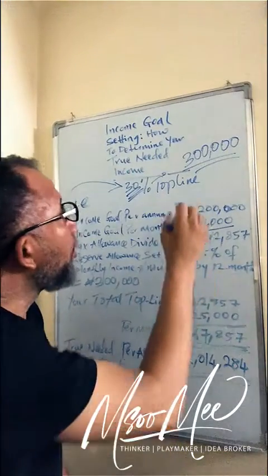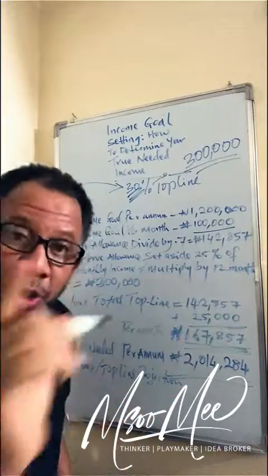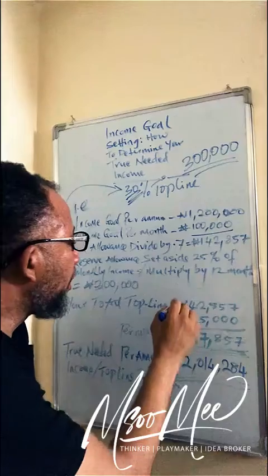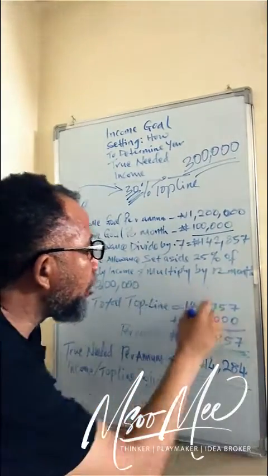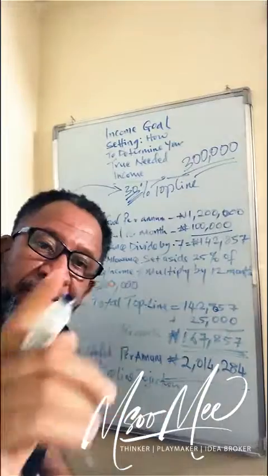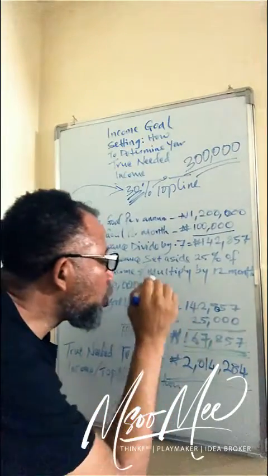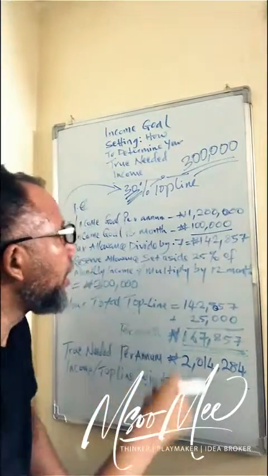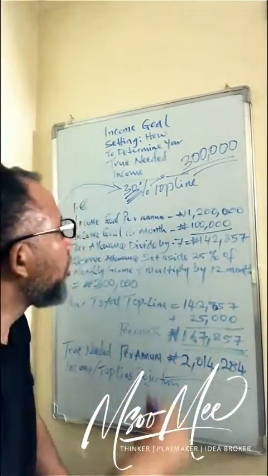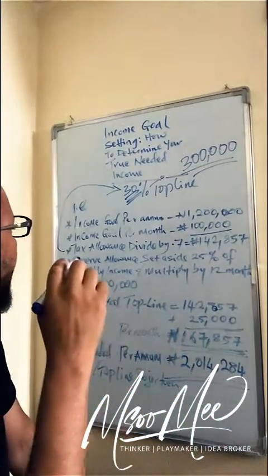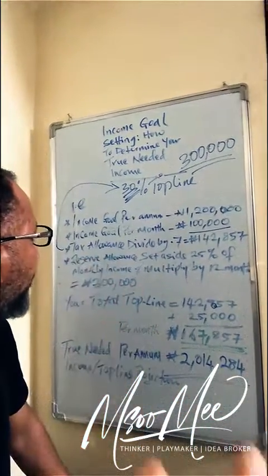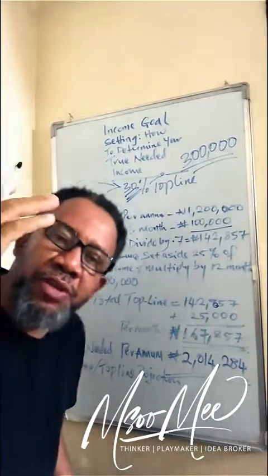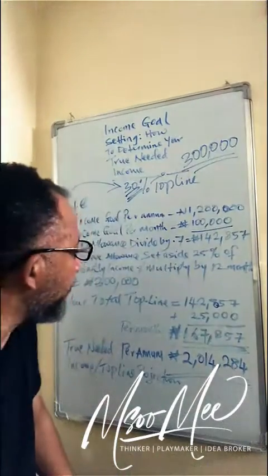So what you would do now in your projection is to take your total top line of now 142,857 naira and add 25,000 naira to it, the 25% of that 100,000 naira that you need to take off every month to arrive at a cumulative reserve of 300,000 naira, which is equivalent of 3 months of your targeted income.